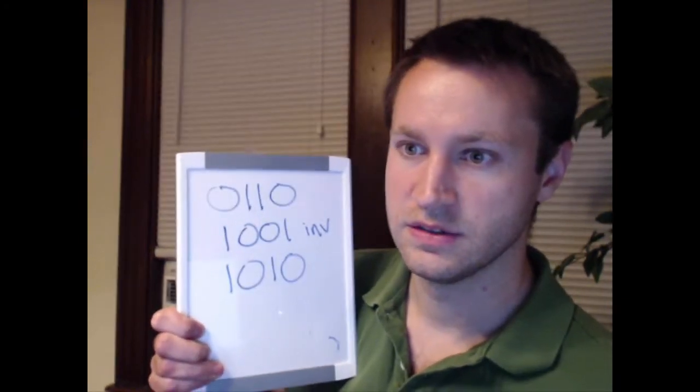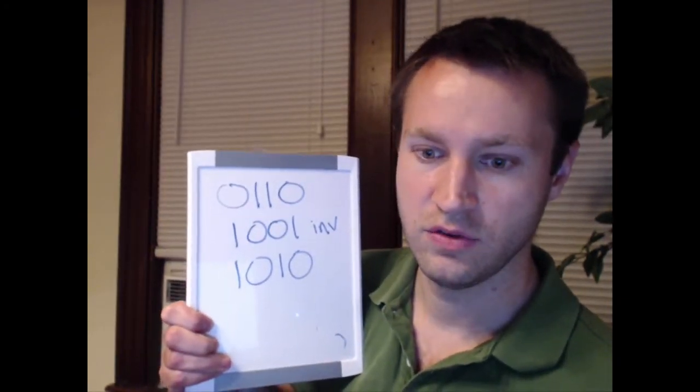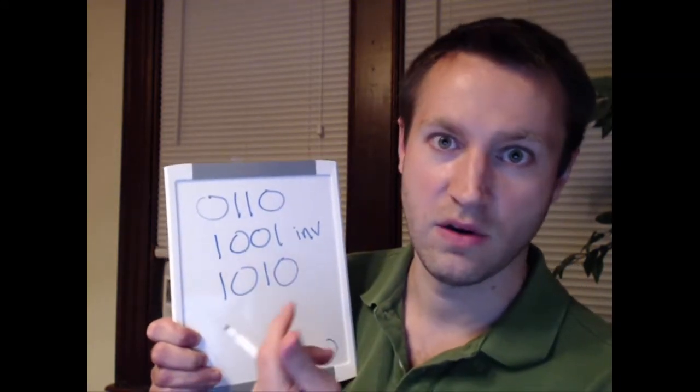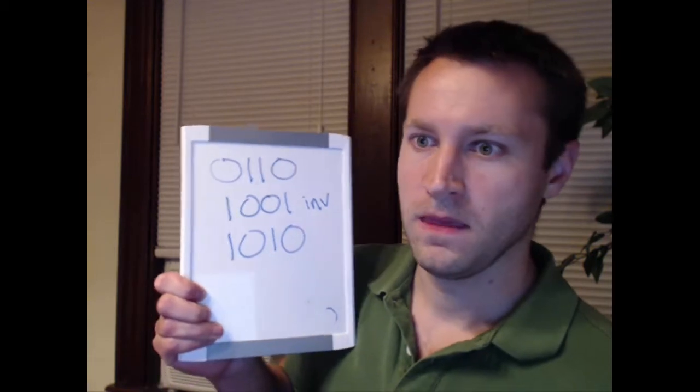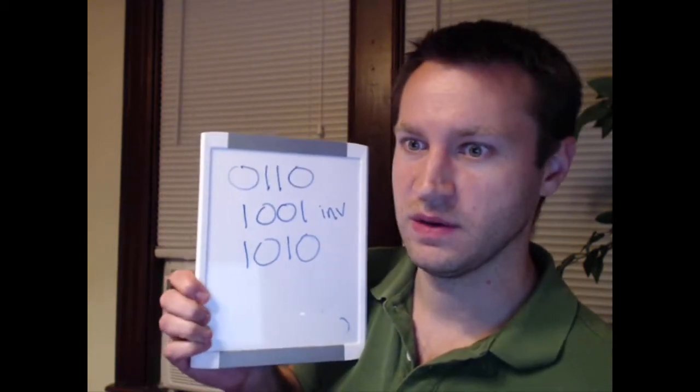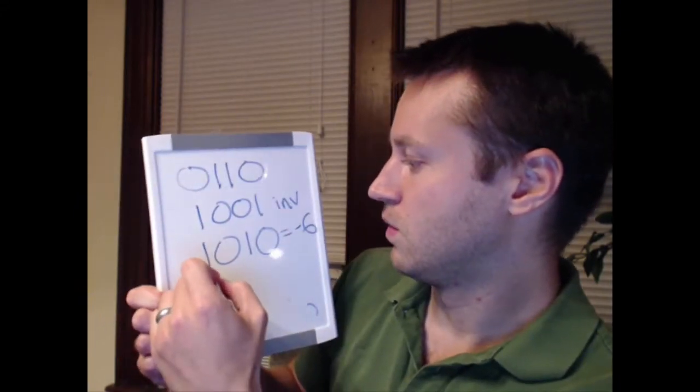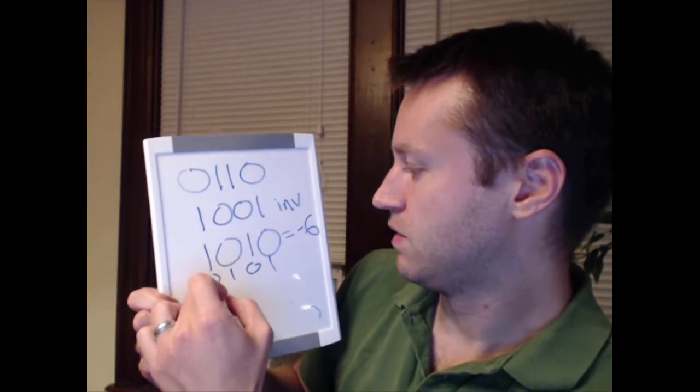So negative 6 in 2's complement form is actually 1, 0, 1, 0, which is what 10 or A was before. Trust me on this. Stick with it. That's what this is equal to, negative 6. Pretty cool. If you want to convert back to 6, again, invert the bits, 0, 1, 0, 1, and add 1 again, 0, 1, 1, 0.